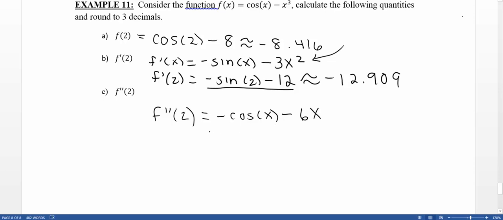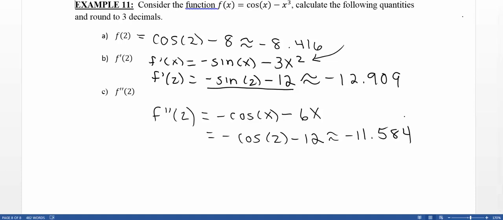So now when we plug in a 2, we get negative cosine of 2 minus 12. So again, if we wanted an exact answer, it would be negative cosine of 2 minus 12. But since we want 3 decimals, we crunch that number and we get negative 11.584.